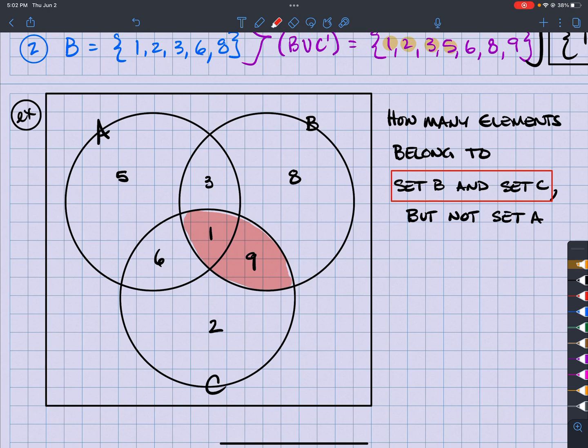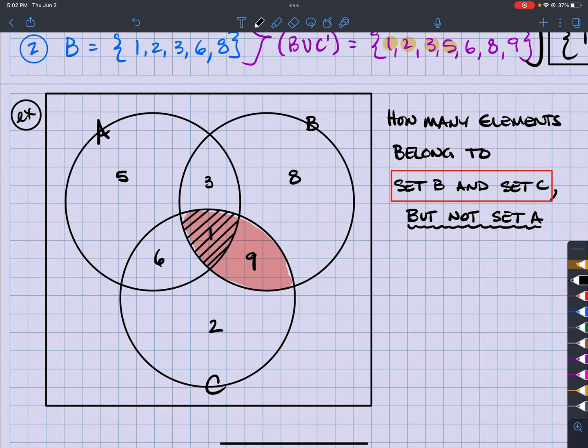And then it says, but not set A. So essentially what's going to happen is that I'm taking away set A. This is the only region that has anything to do with this red that is connected with A. So that would go away.